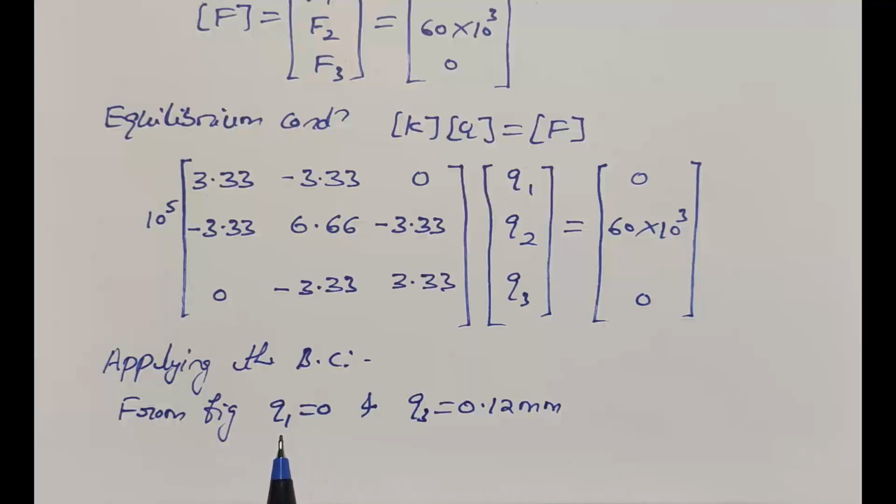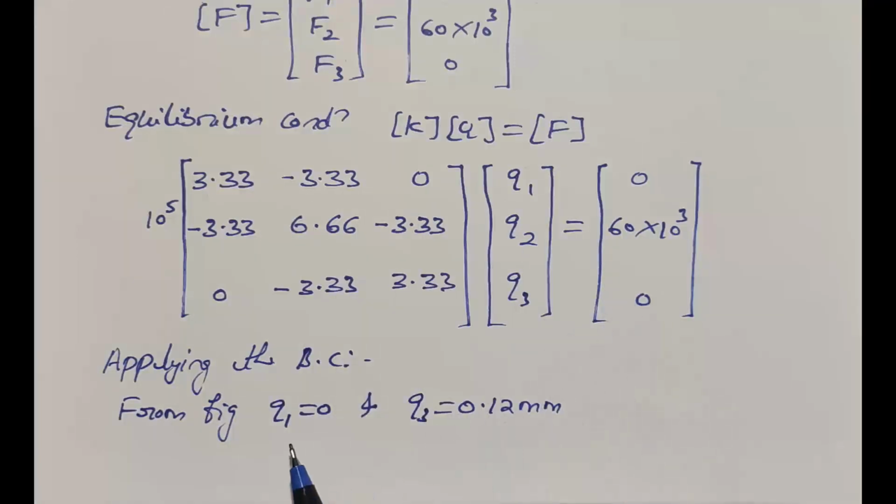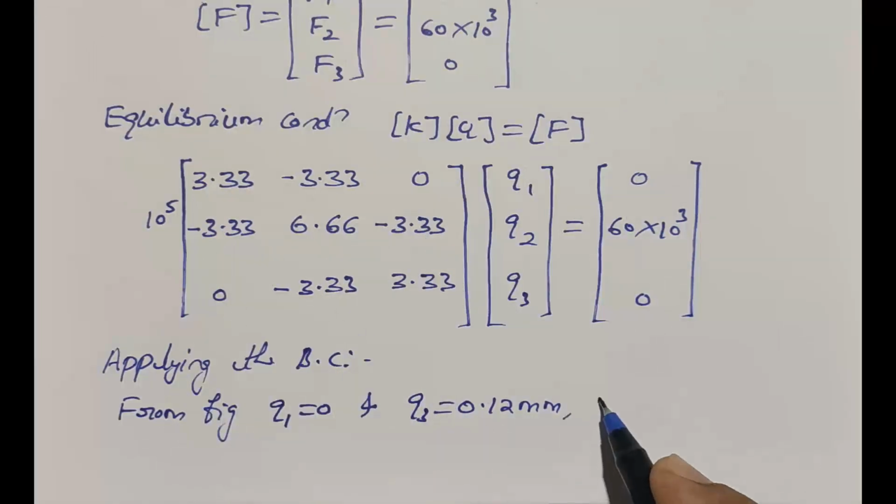Now, according to the elimination method of handling boundary conditions, since we know the displacement at two different nodes, we can eliminate the corresponding rows and columns in this equilibrium equation. Since we know the boundary condition at node number 1 and 3, we can eliminate the first row, first column, and third row, third column.